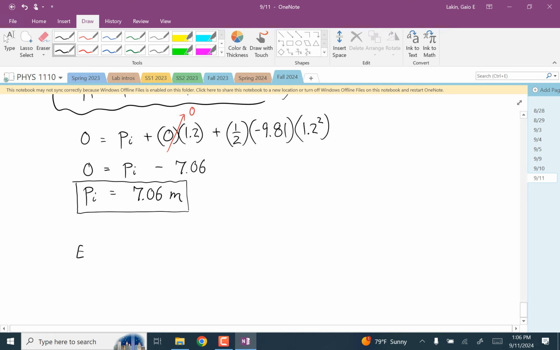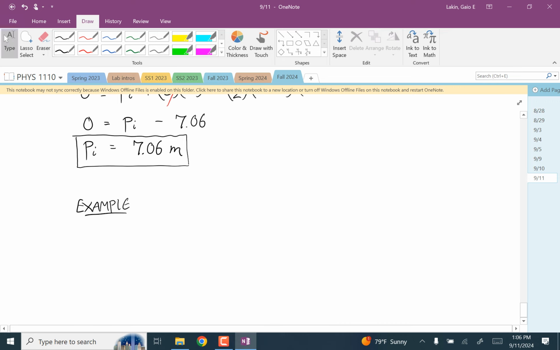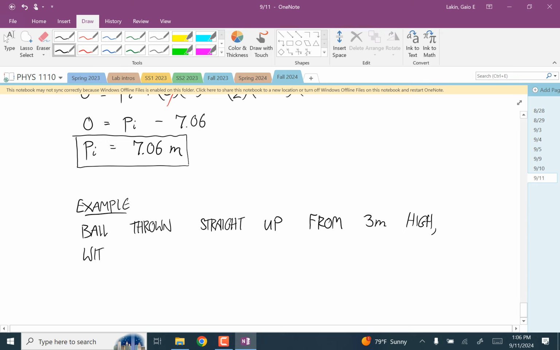But for the second one, let's say a ball is thrown straight up into the air from a height of 3 meters. And the initial speed when it's thrown or launched is 10 meters per second.